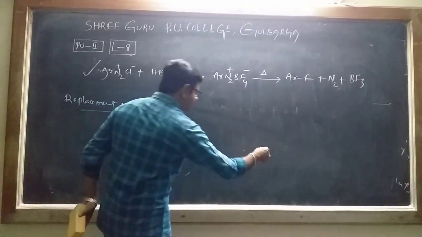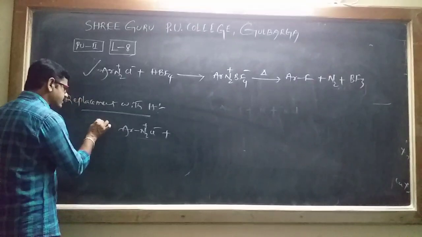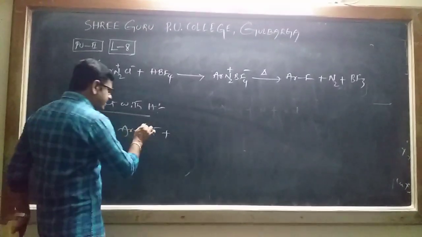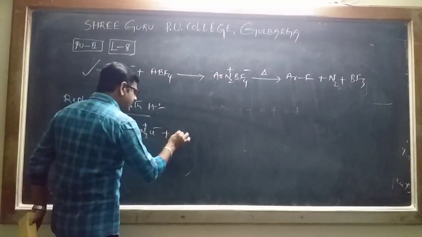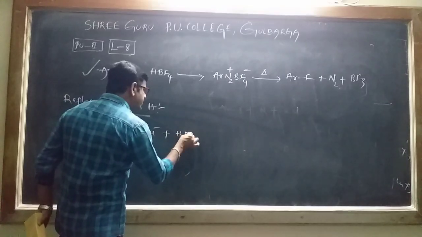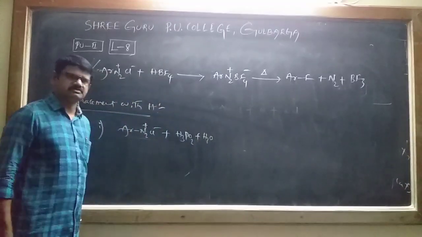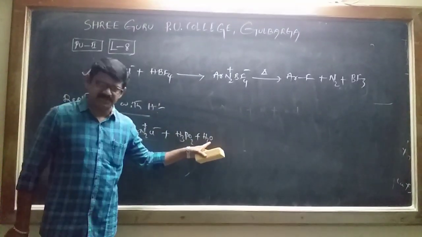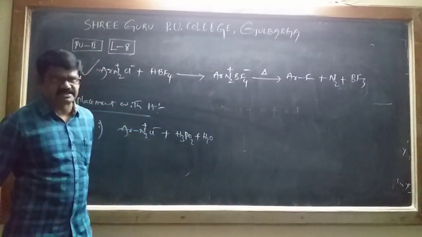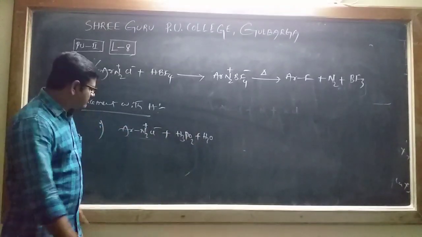Here we have two types of reactions. First, number one: this diazonium salt reacts with H3PO2 in the presence of H2O. H3PO2 is phosphinic acid.